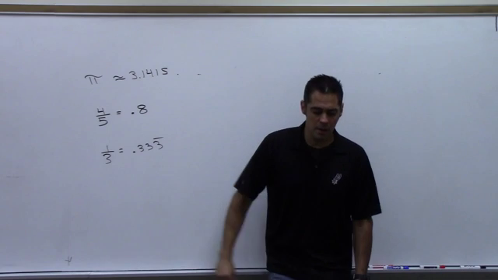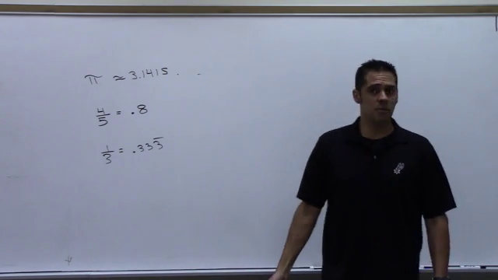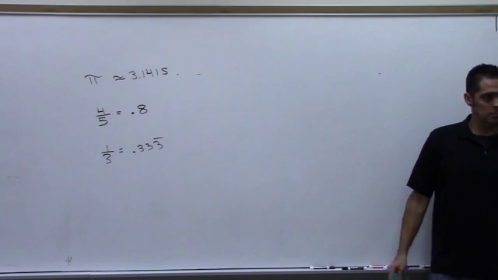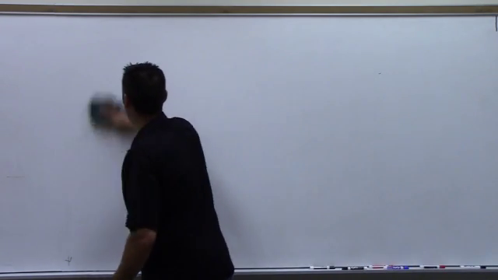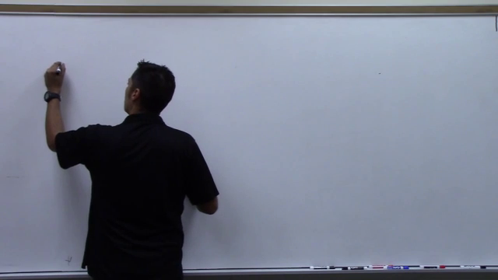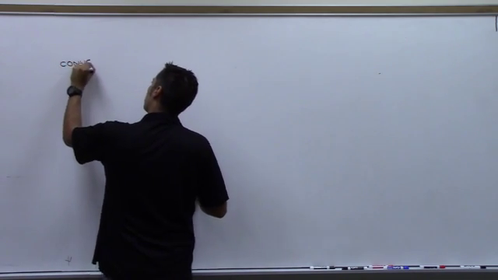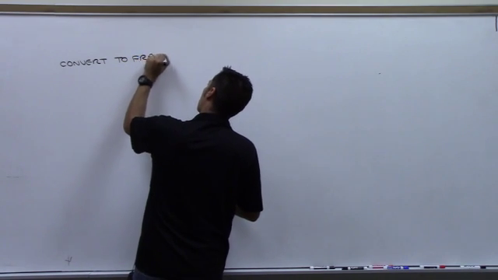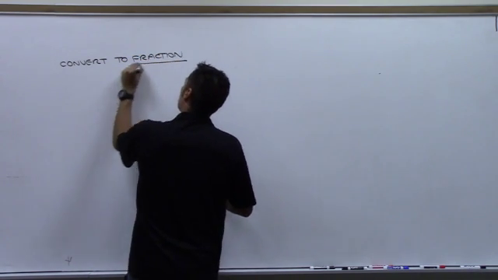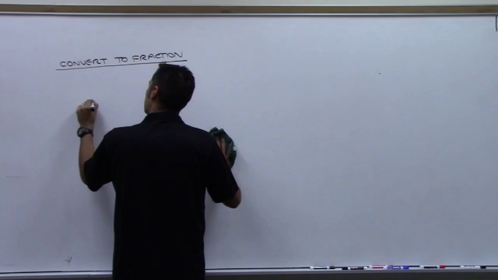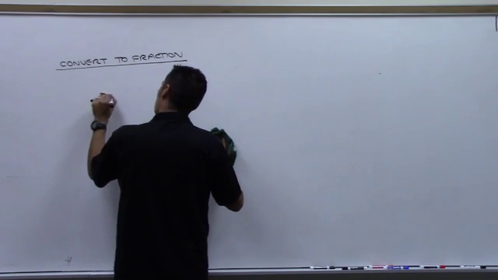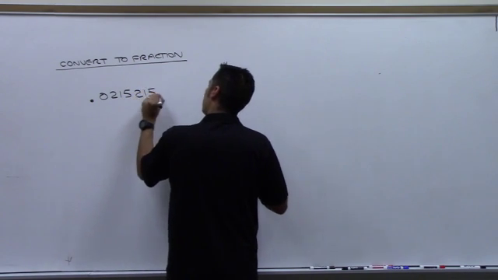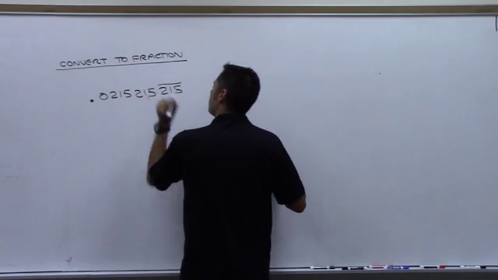Understand? That means if I give you a decimal that does repeat, you should be able to turn it into a fraction. So let's take this as an example. Convert 0.215, 215, 215 forever to a fraction.